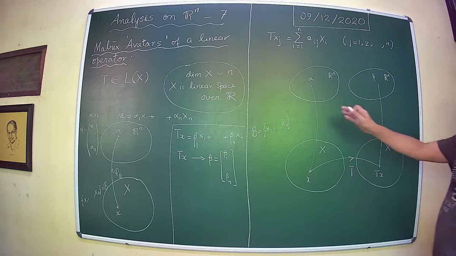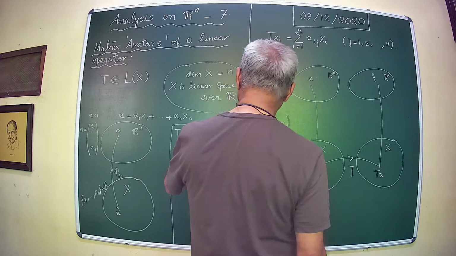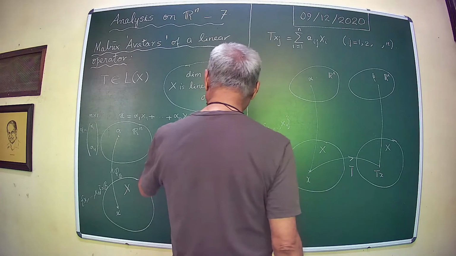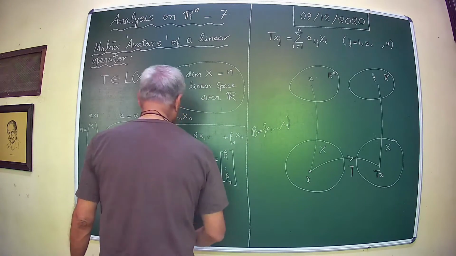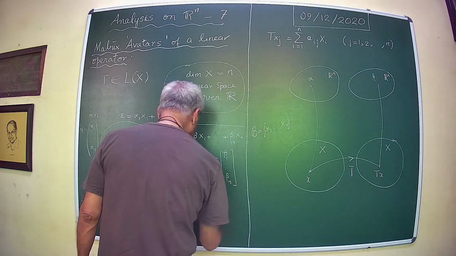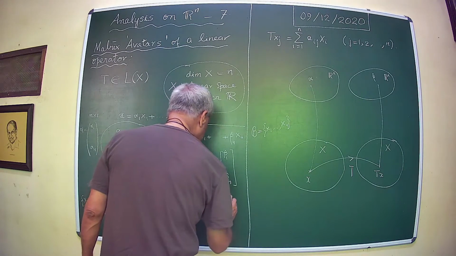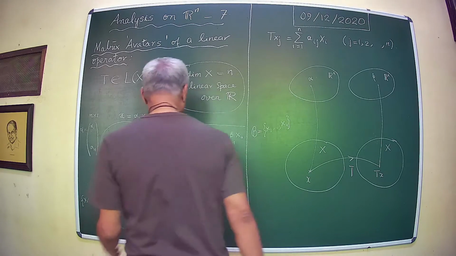Now you can write down Tx is beta 1 x1 plus beta 2 x2 etc. beta n xn. At the same time, Tx is also equal to alpha 1 Tx1 plus etc. alpha n Txn, T being linear.